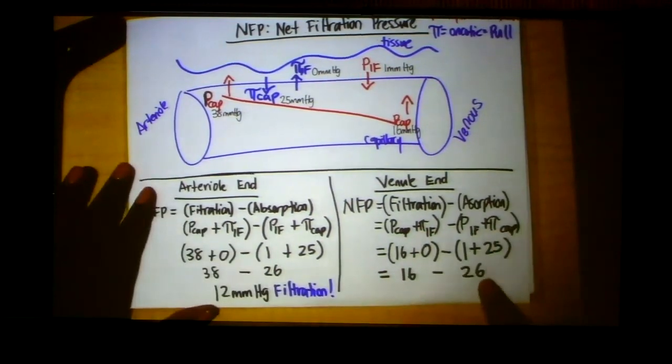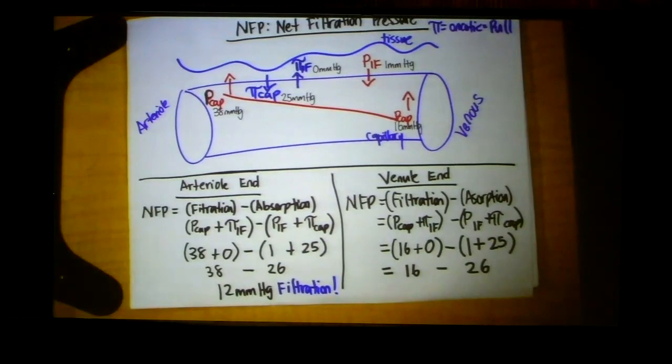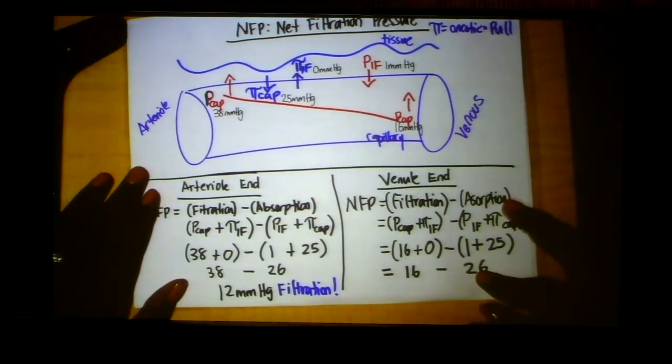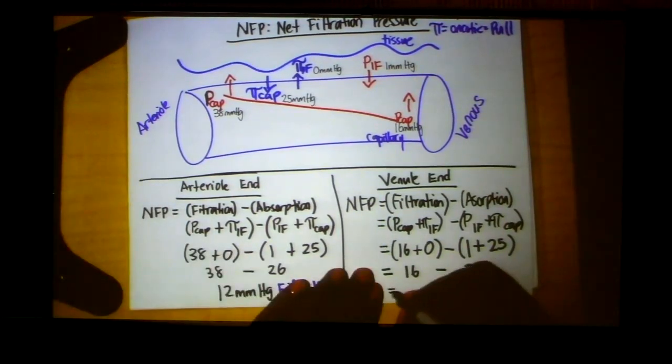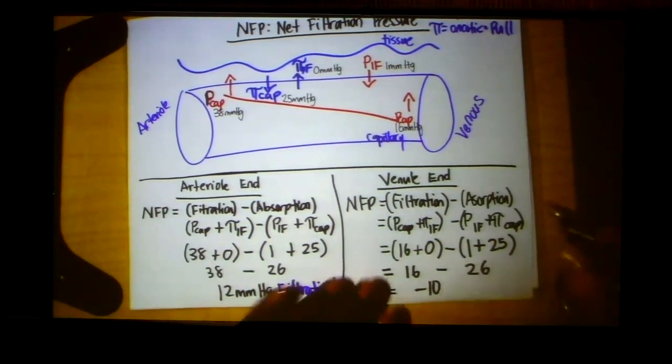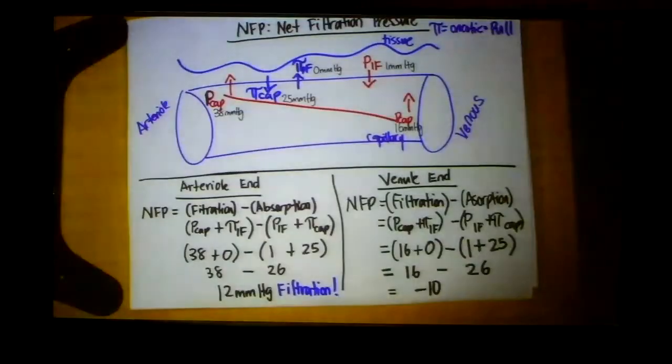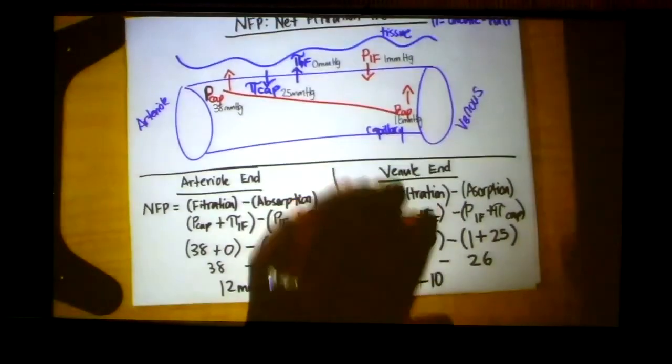Right away we can see two things. One, the bigger value is absorption, and when we do this math, it's going to wind up being a negative number. That tells us that on this side, we favor absorption.